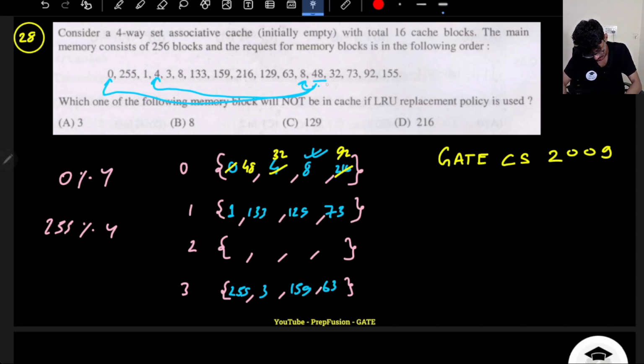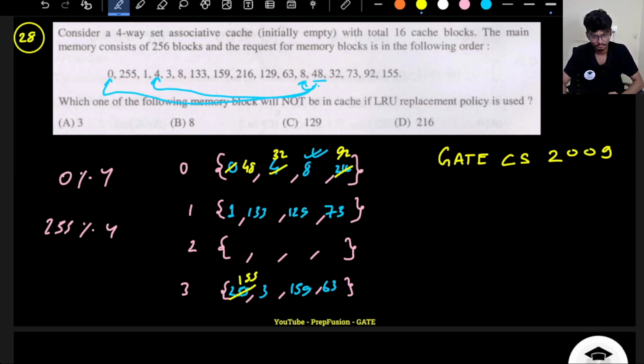If I check here, 63 was the last one. After that 159, before that 3 and 255. So 255 will be replaced with my 155. Okay, so these will be the final updated blocks in the memory.